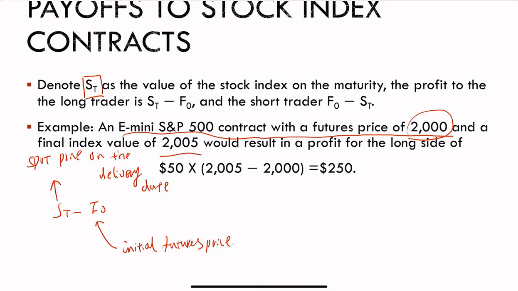In this case, the profit would be the spot price on the delivery date minus the initial futures price. However, remember we talked about this multiplier. For each contract, we have to multiply this profit by the multiplier. So this gives us $250.